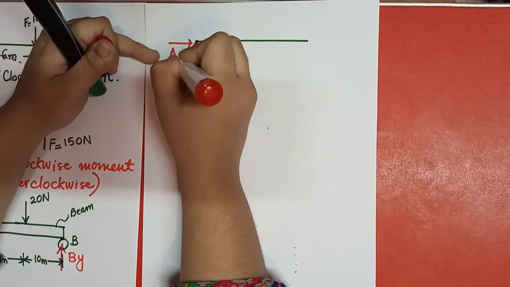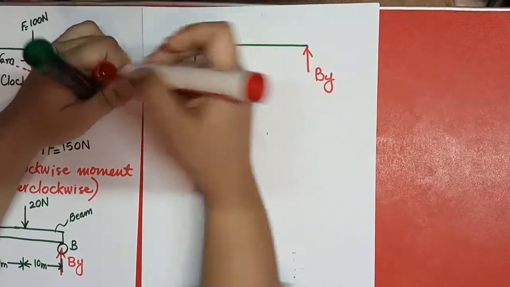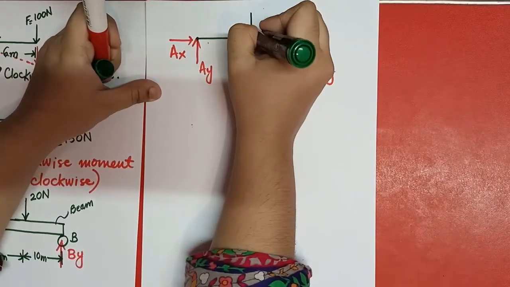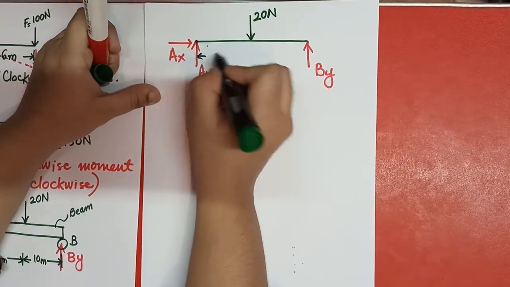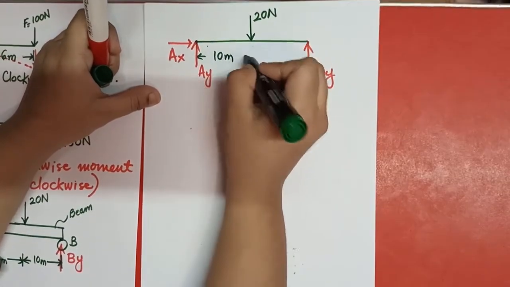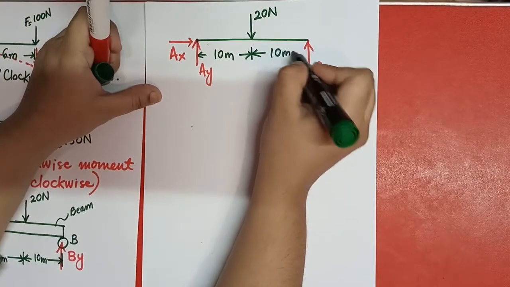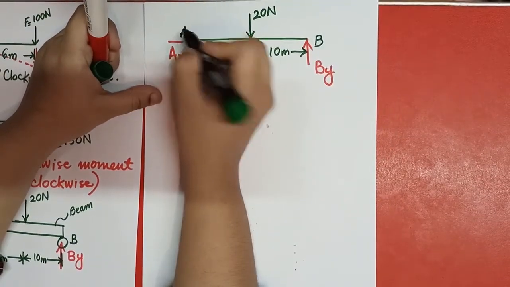This is AX, and this one is BY. Now there is a 20 Newton force applied at the center of the beam, and this length is 10 meter. This will also be 10 meter, and this is point B, this is point A.